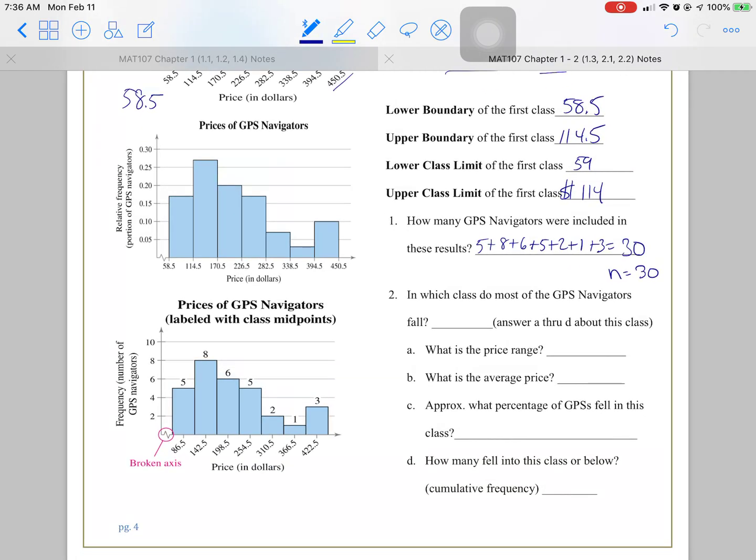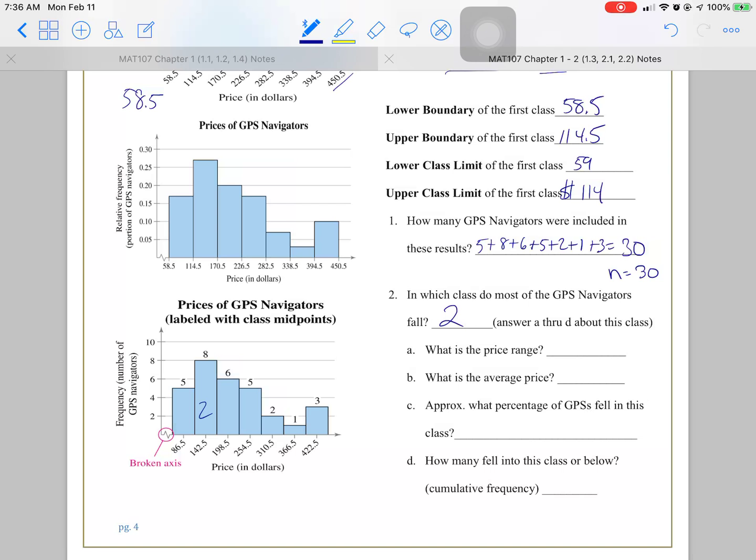And the last one says, in which class do most of the GPS navigators fall? That would be in class 2. Answer A through D about this class, number 2. Okay, what is the price range in number 2? The price range, not the boundaries, not the midpoints, but the limits in 2. Let's see.